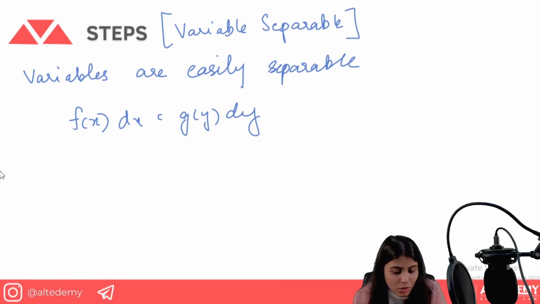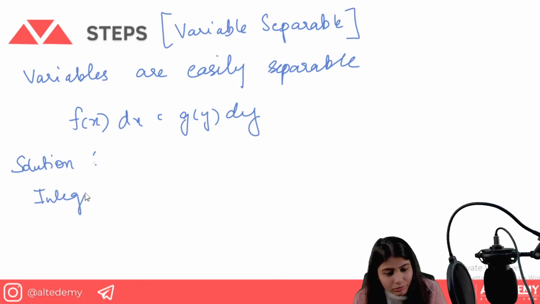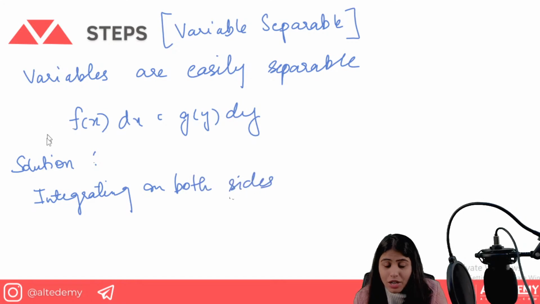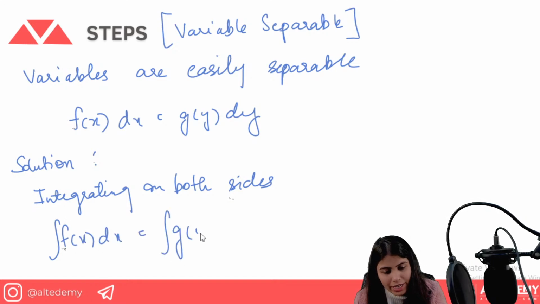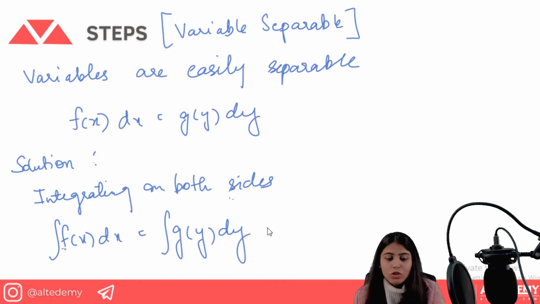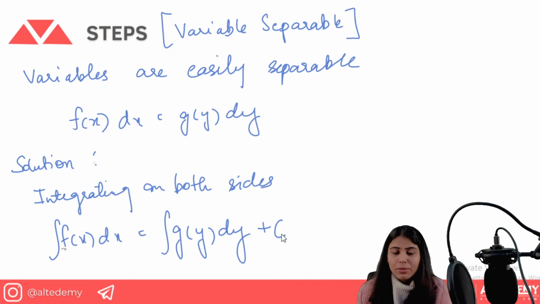Now the solution can be obtained by integrating on both sides. So now you have integrated on both sides, and you get the integral of f of x dx equals the integral of g of y dy. This is how you solve the differential equation by the variable separation method.